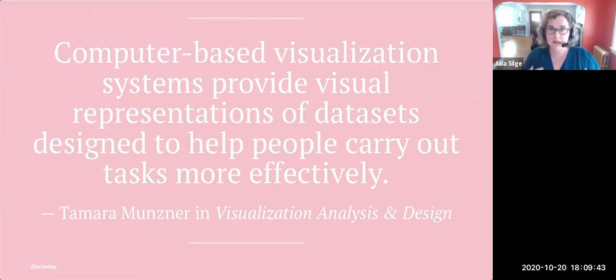It's to help us as practitioners to carry out our task more effectively. And the task that we're doing is to build models or machine learning systems. So thought of really broadly, we're trying to be more effective when we're building this model, this machine learning system.